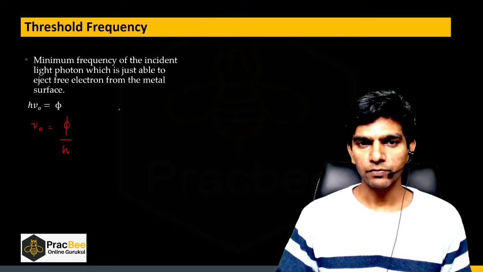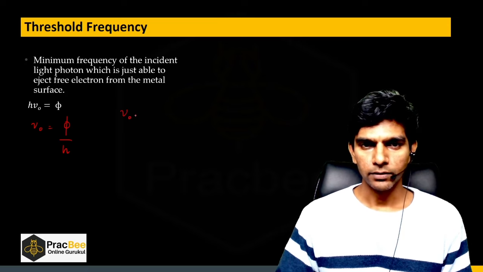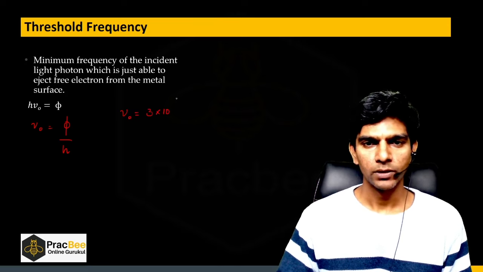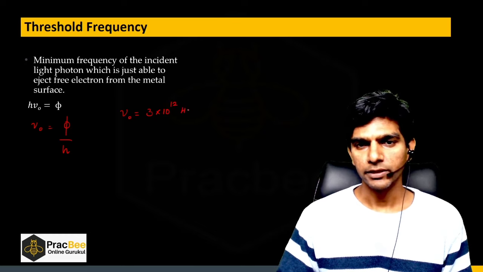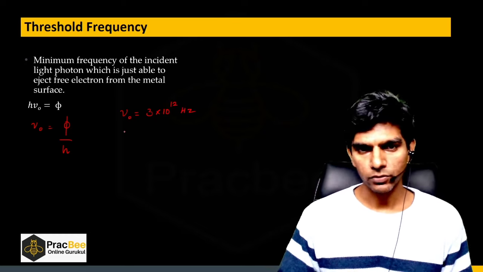For example, say the threshold frequency is given as 3 into 10 raised to power 12 Hertz, and we want to find the work function in electron volt. Let us find the wavelength corresponding to this frequency.